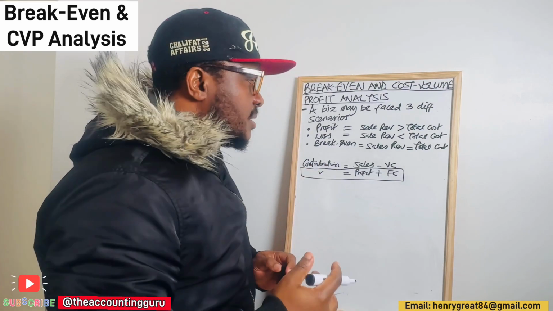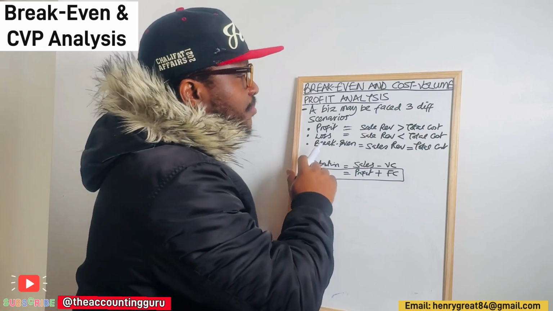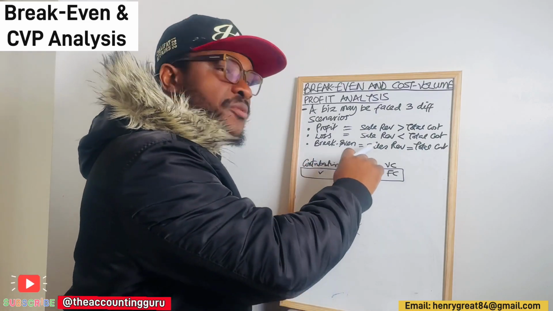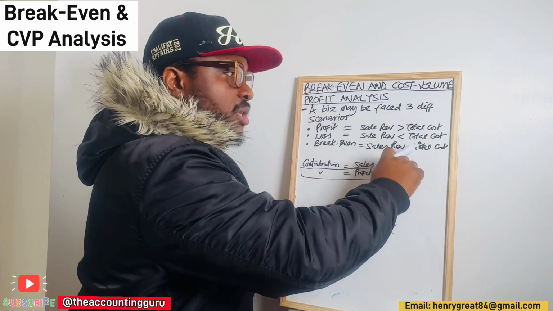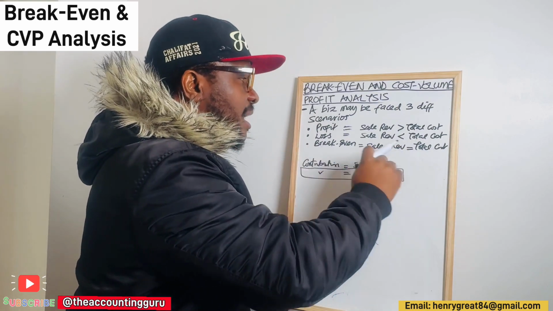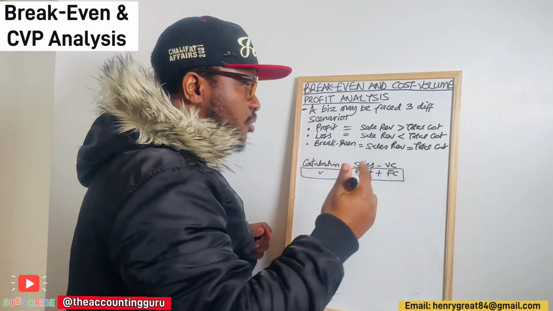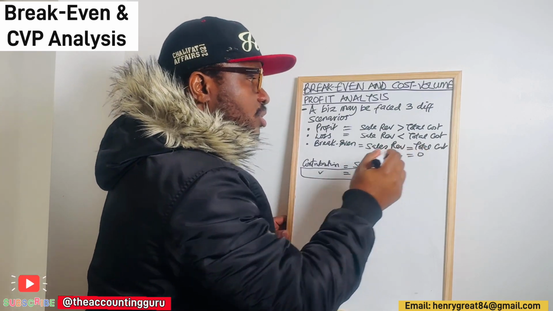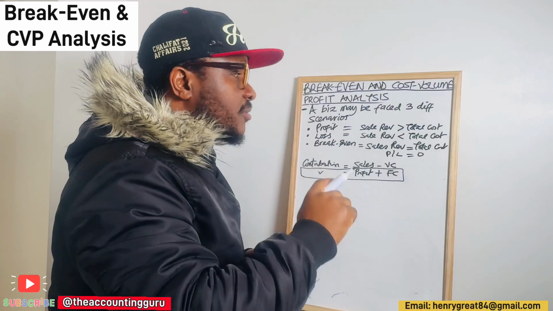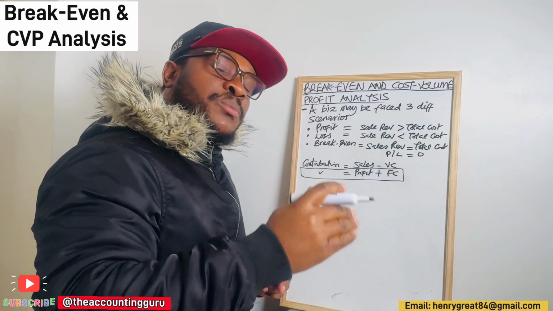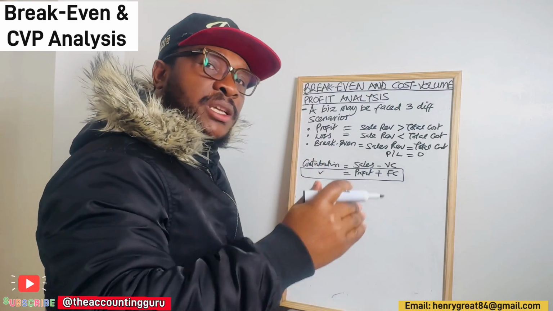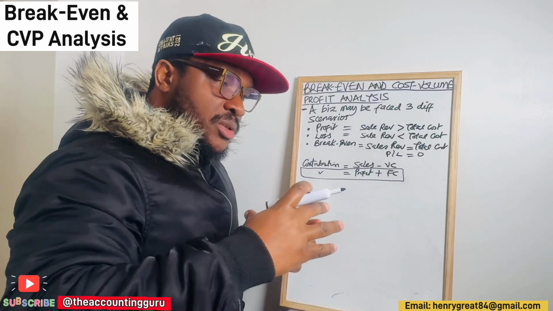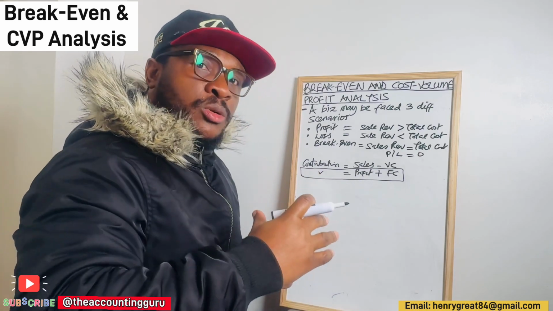Now the question is this: don't forget, at break-even point, sales revenue is equal to total cost. What does this mean? At break-even point, profit or loss is equal to zero. The business is neither making profit nor making a loss. All the sales revenue equates all the cost.